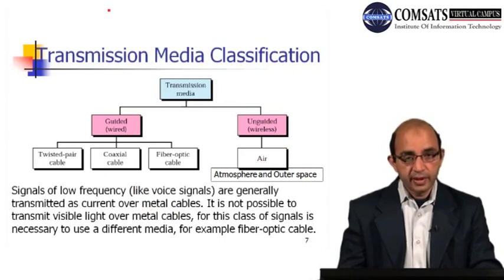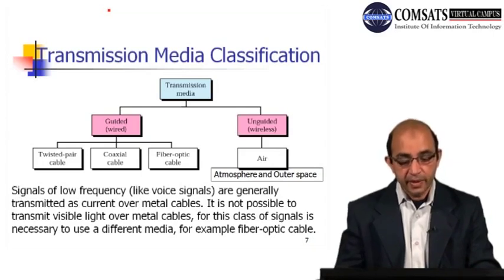Moreover, we can also have signals with lower frequency. Those signals with lower frequencies are transmitted as electrical pulses or electrical signals over conducted media or cables made of metals.